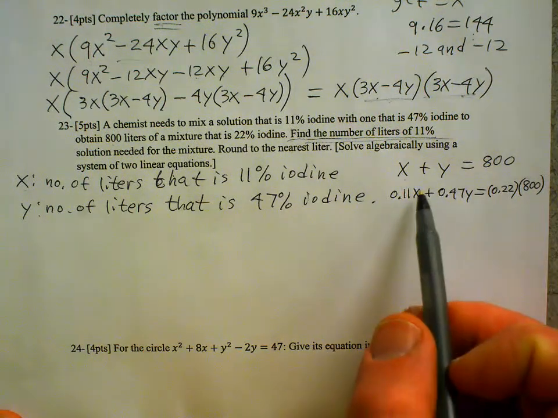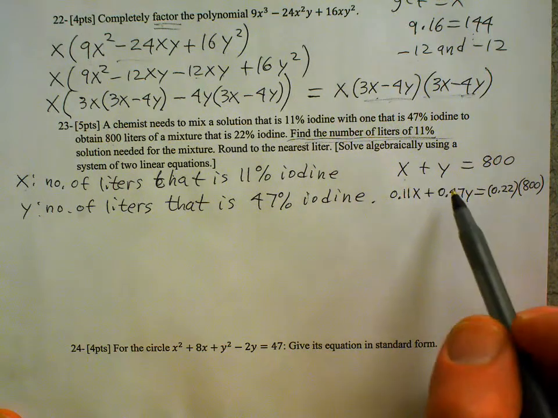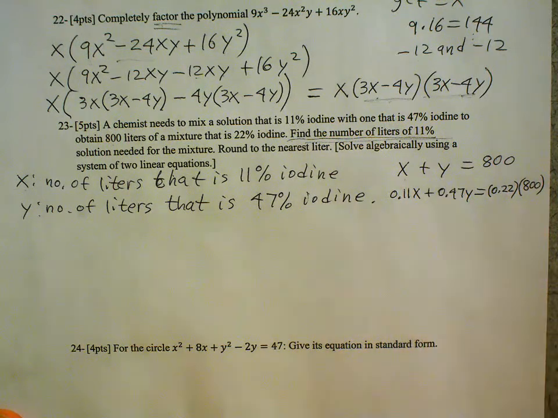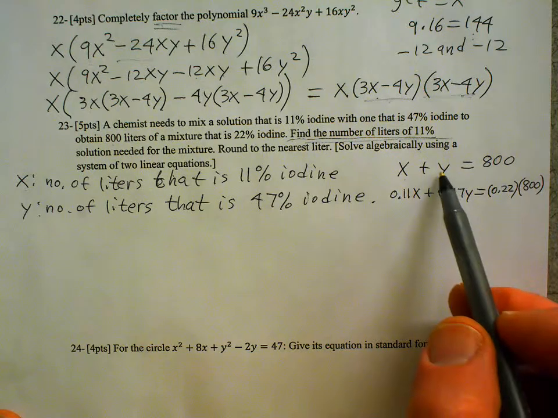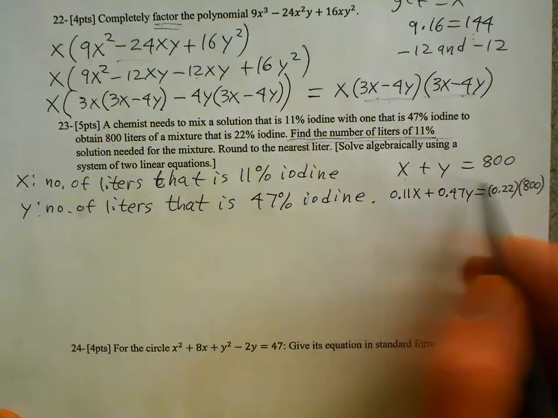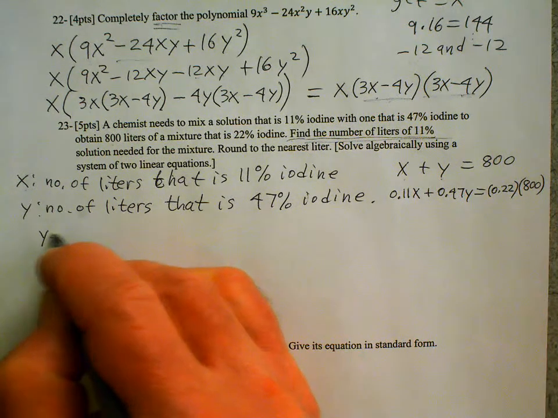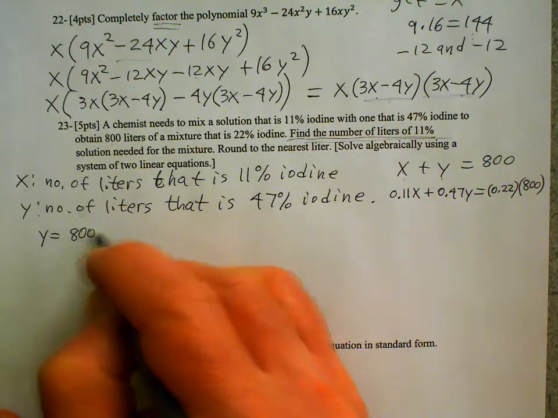So we can always use the addition method, or we can always use the substitution method. Since we need to solve for x, I'll just use substitution, solve the top equation for y, and we get y equals 800 minus x.